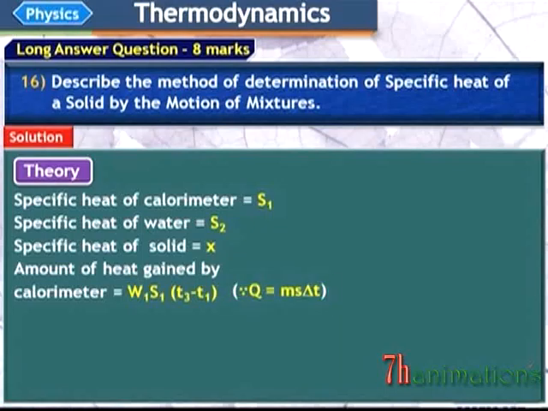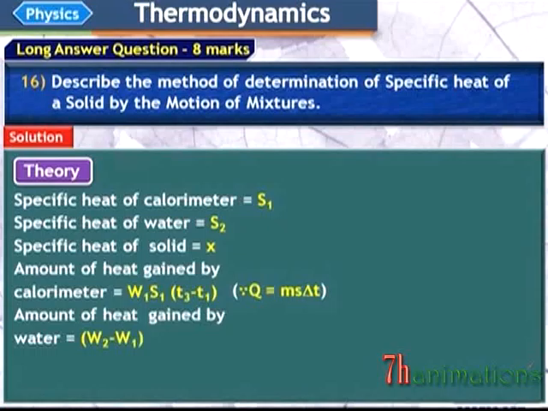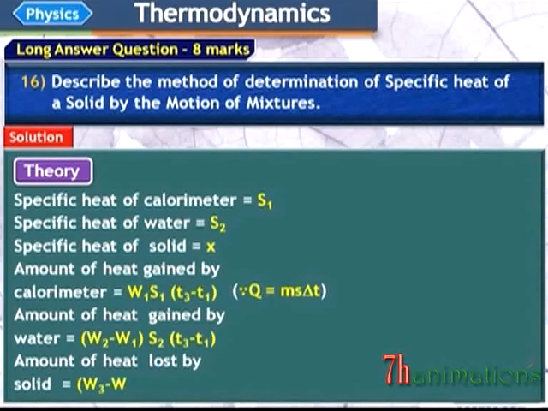Using this, the amount of heat gained by the calorimeter is W1 into S1 into (T3 minus T1). Similarly, the amount of heat gained by the water, the mass of the water is (W2 minus W1), into S2 into (T3 minus T1). This is the temperature difference of water. Similarly, the amount of heat lost by the solid is equivalent to (W3 minus W2) into X into (T2 minus T3).